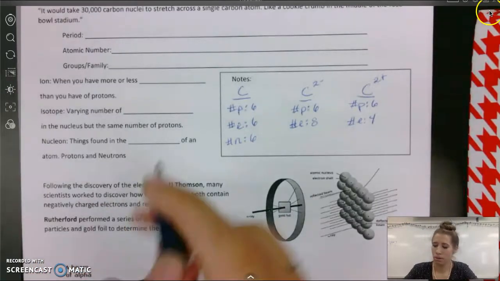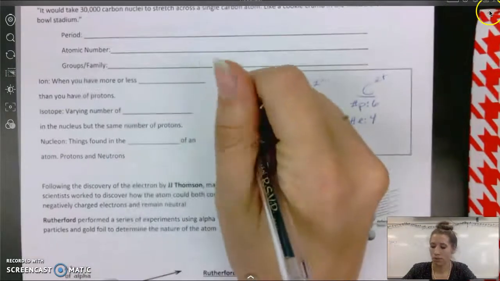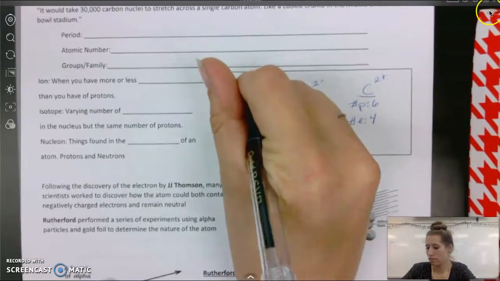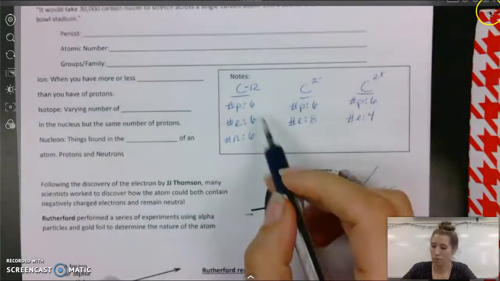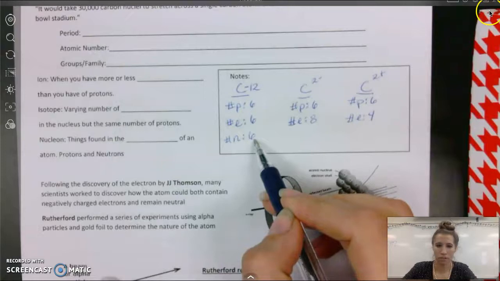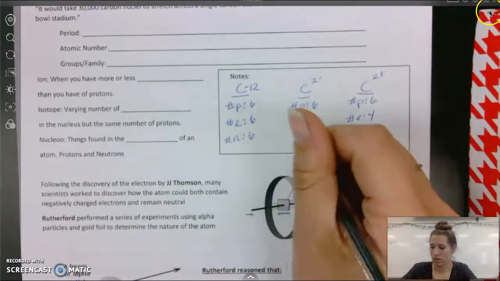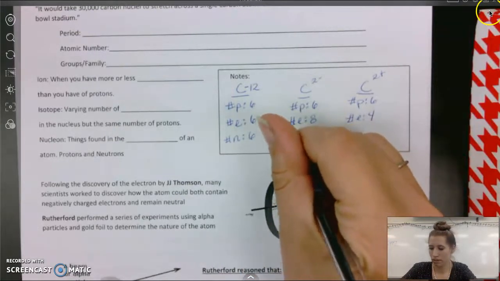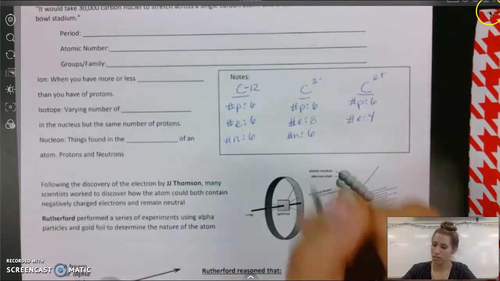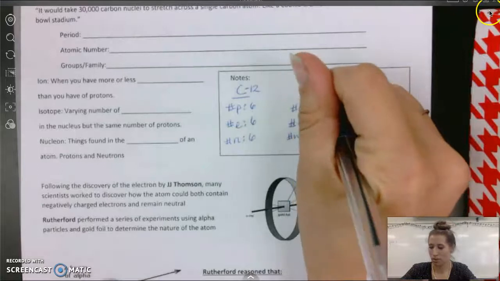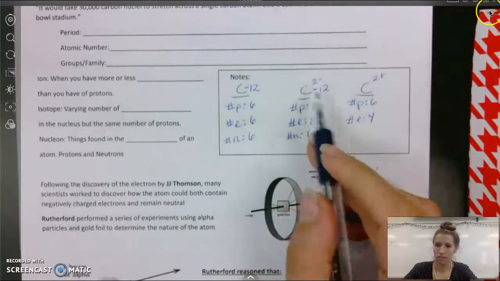So this would be carbon 12, because that would be my number of protons plus my number of neutrons. So if this one also had 6 neutrons, then this would also be a carbon 12 isotope, and it's also an ion.